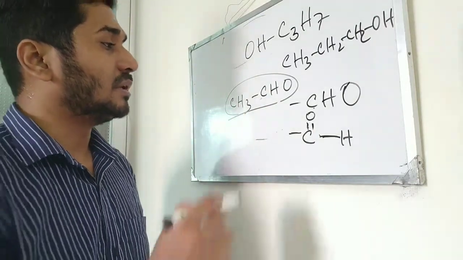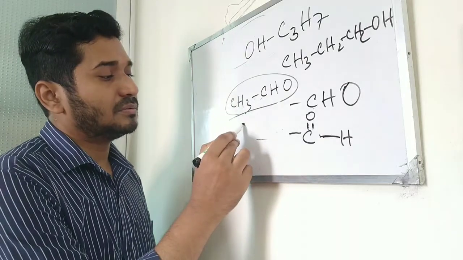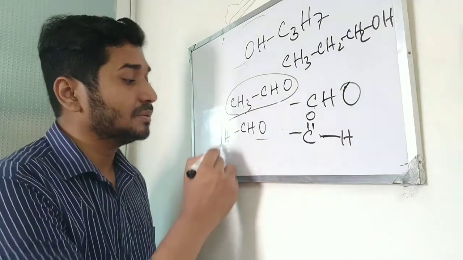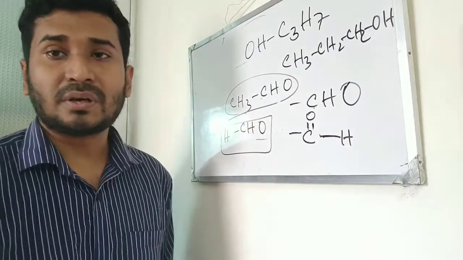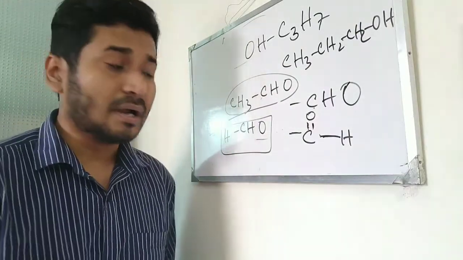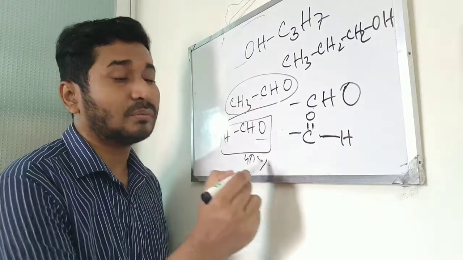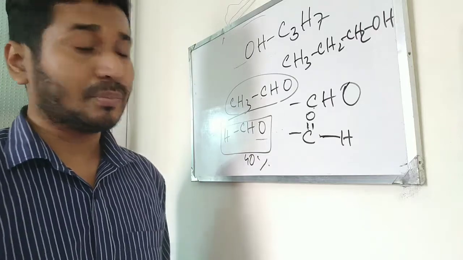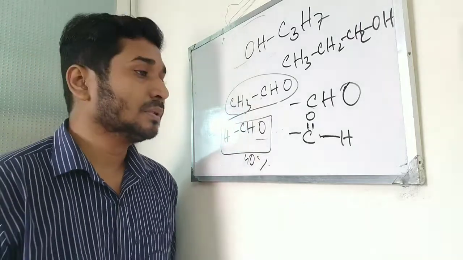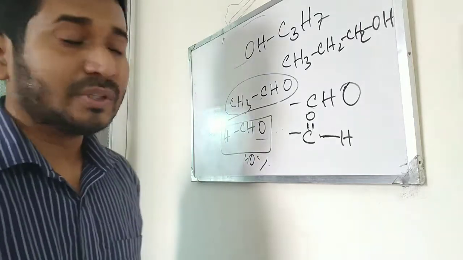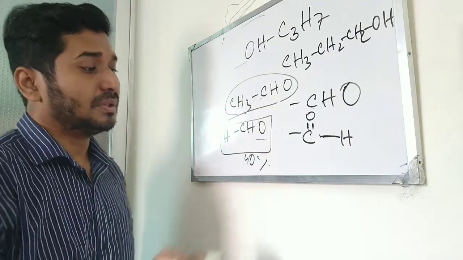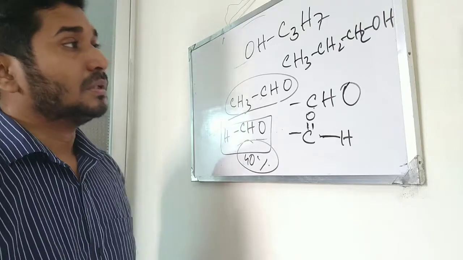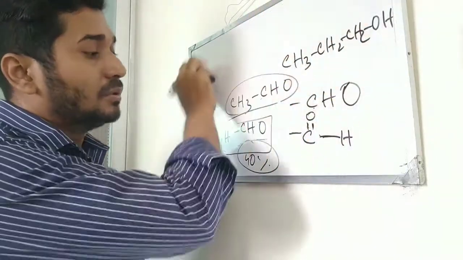If you take CHO with just one hydrogen, it will be methanal or formaldehyde. And the 40% solution of this formaldehyde is called formalin, a very common compound and a very common name, and it works as a preservative, you know that already.